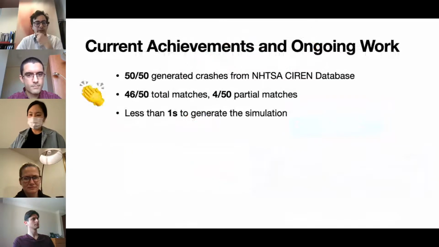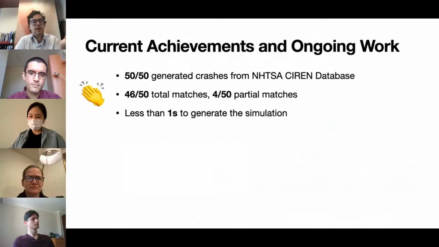So we implemented this tool and we started evaluating our approach with it. So far we managed to take 50 randomly sampled sketches like the one that I showed you, involving not just curved roads, but also intersections and the like, from the SIREN database. SIREN is a study from NHTSA that focuses especially on critical situations like crashes.